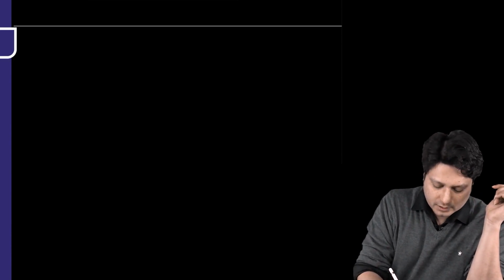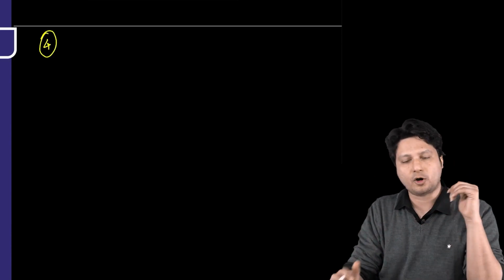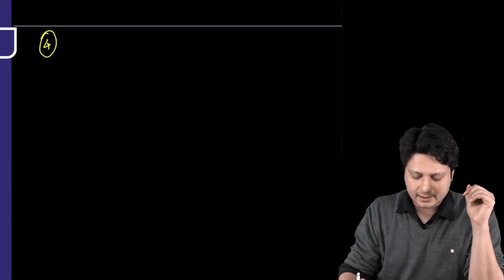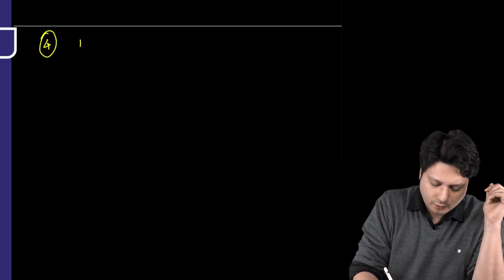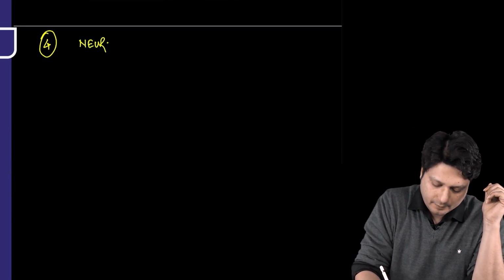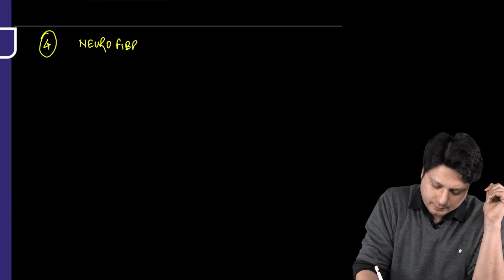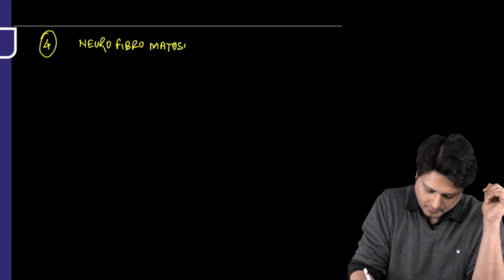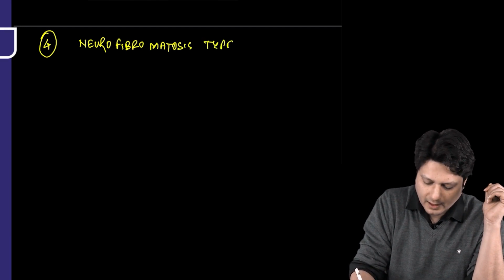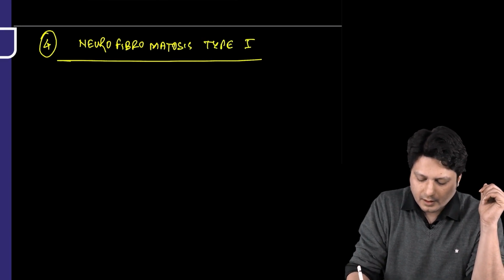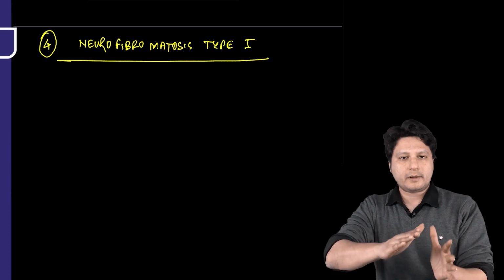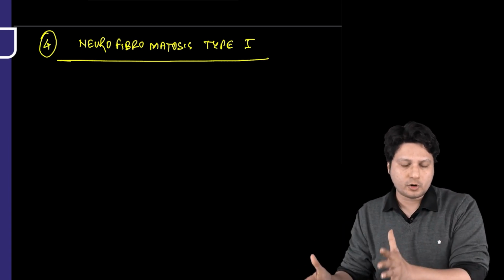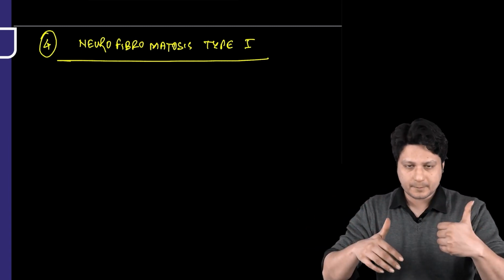Then comes the 4th topic under the heading of pediatric orthopedics, and that is neurofibromatosis type 1. This is a topic which is very commonly asked in the form like, all of the following are the features of neurofibromatosis type 1 except.